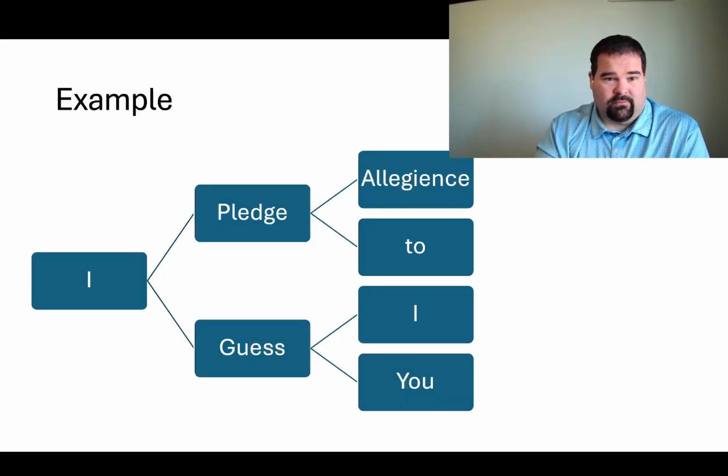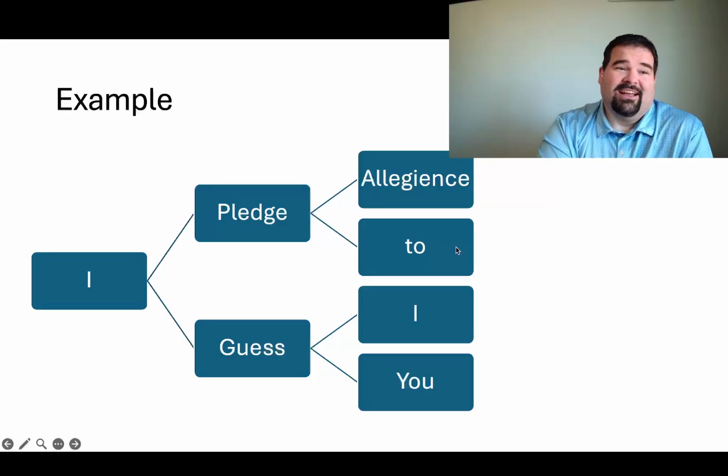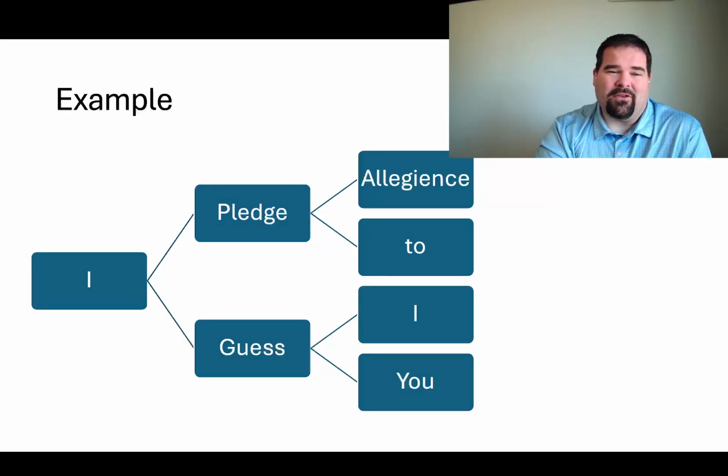Or maybe I'm pledging allegiance to 4-H, or I'm pledging for allegiance, or I pledge to deliver on this 3.5 hour lecture that I promised a long time ago. Think of it all as branching logic, incredibly complicated, amazing branching logic.